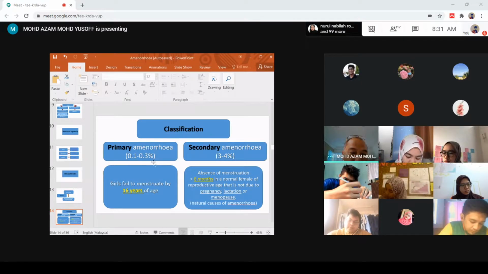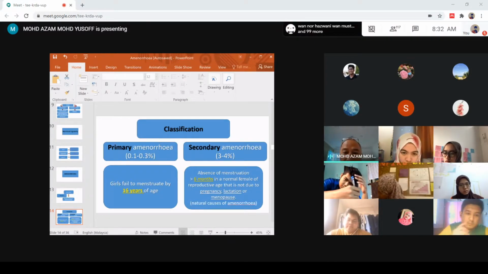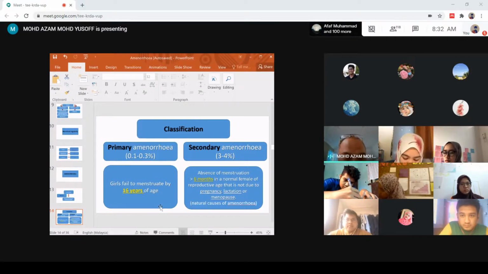It's very minimal. There are many definitions actually, so I use the definition in the textbook. Some people quote 14 years old without secondary sexual characteristics. The other one is 16 years old with well-developed secondary characteristics. I think it's very confusing, isn't it? I think make it very simple.